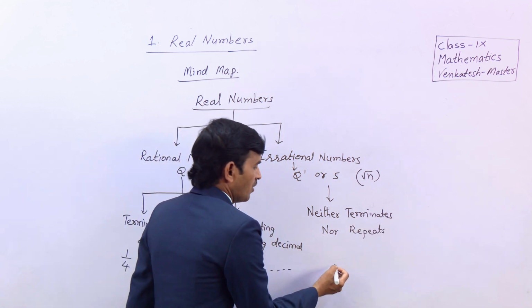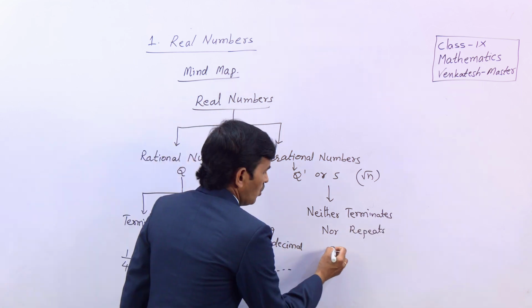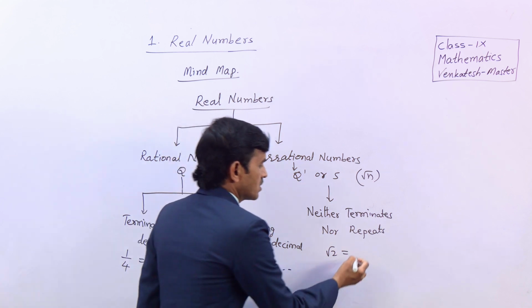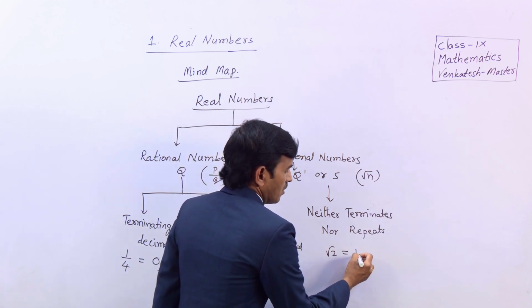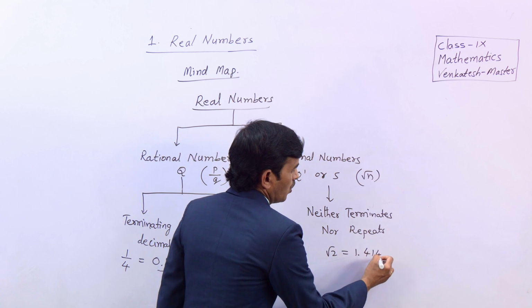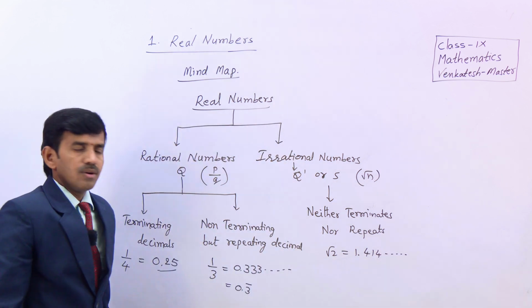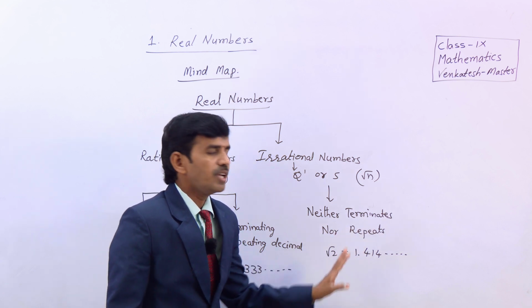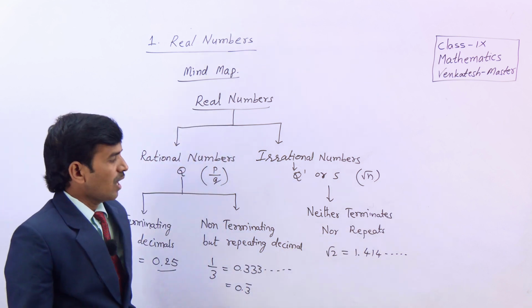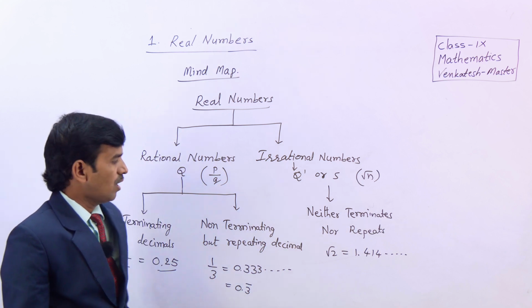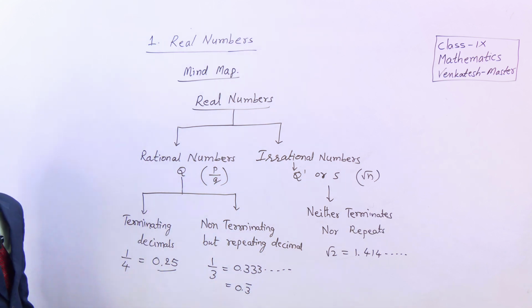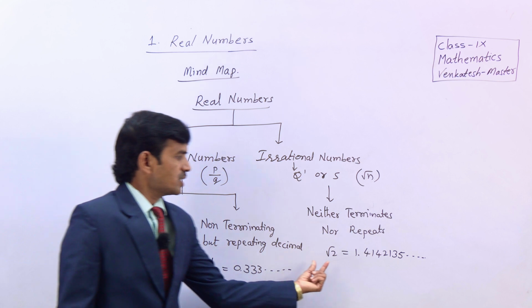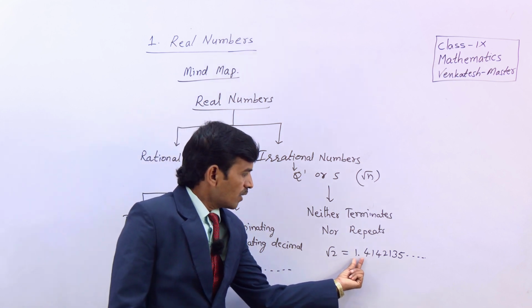For example, if you consider root 2, which gives us 1.414 and so on. It does not terminate, doesn't repeat a fixed number of digits, and this type of number is called what? Irrational numbers.